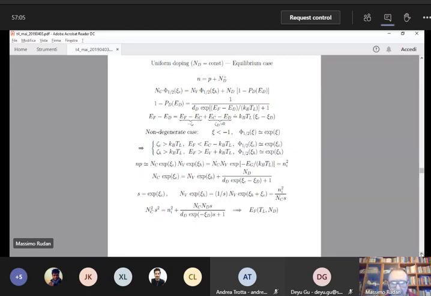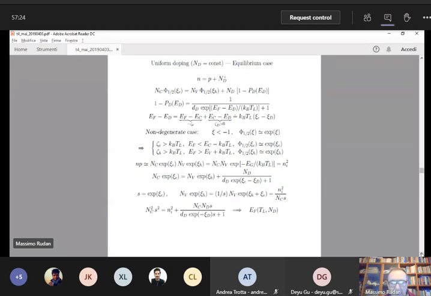Now, let's start increasing the temperature, okay? Sooner or later, we'll find one electron in the conduction band. And the question is, where does this electron come from, okay?